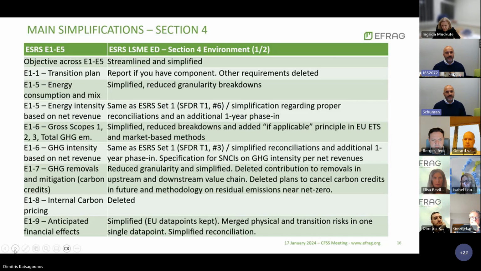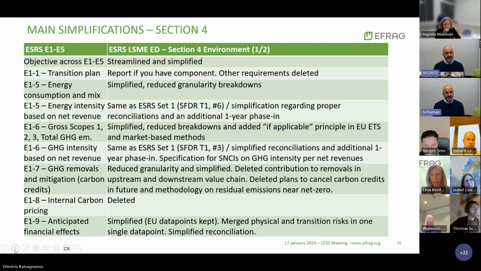In section 4, related to the environment, we have streamlined the objective, and in all the topical sections, we have only the metrics. In particular, in section 4, we have transition plan, "report if you have" components, and the other requirements have been deleted.